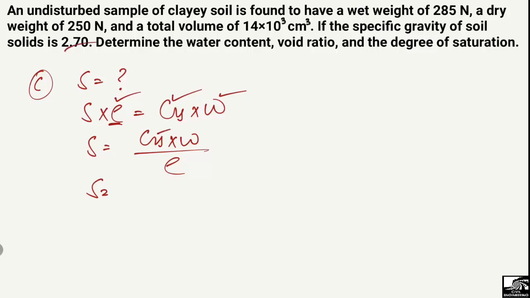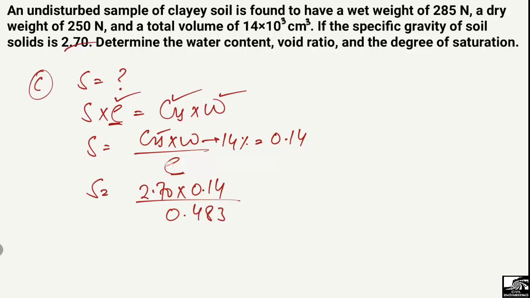In this way we can find the degree of saturation. The specific gravity is 2.70, multiplied by the water content, which is 0.14, since the water content was 14%, so in decimal it is 0.14, divided by e, the void ratio, which was 0.483 from the previous slide.